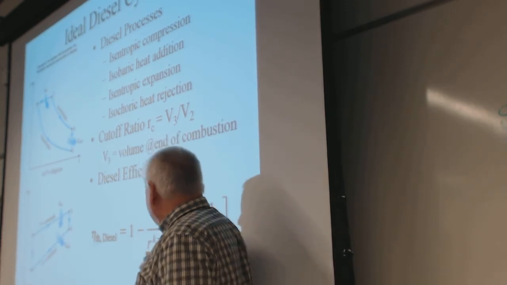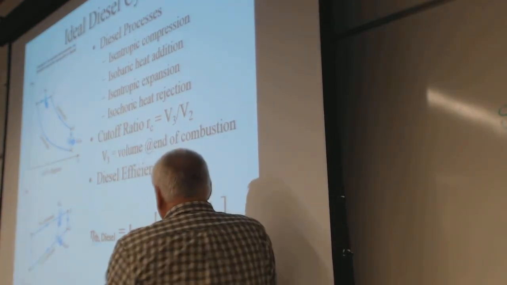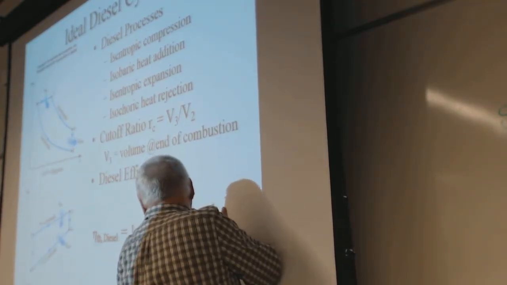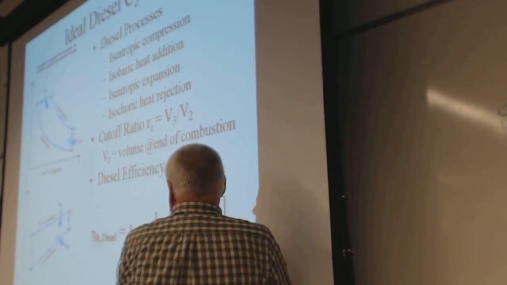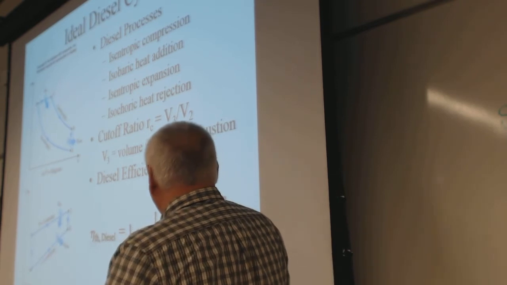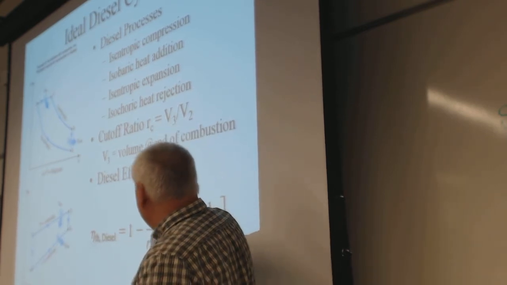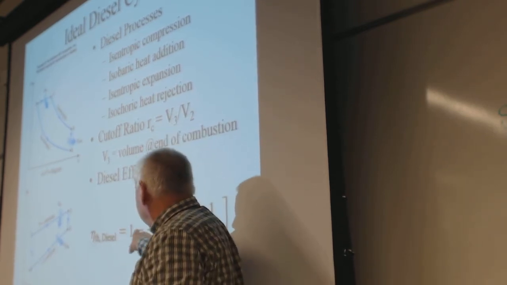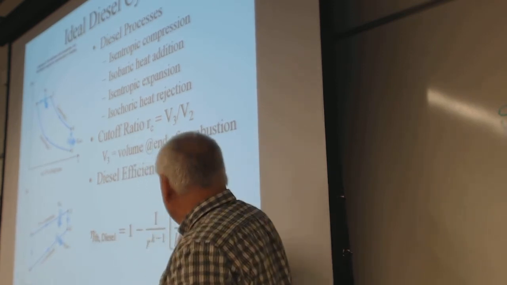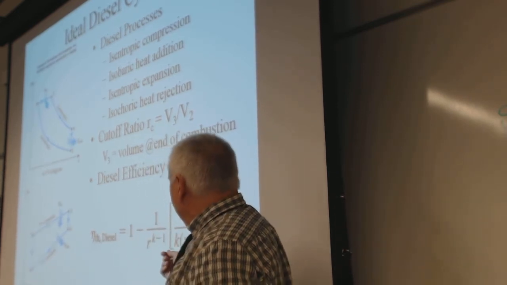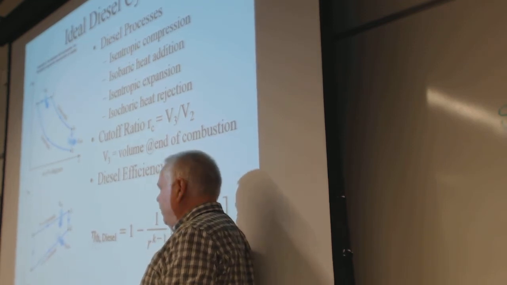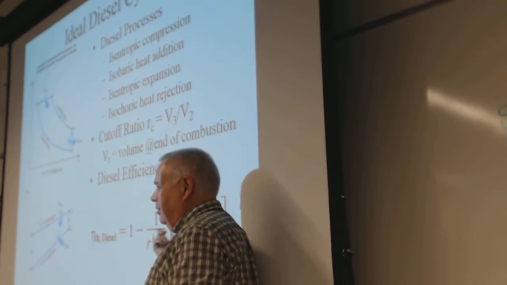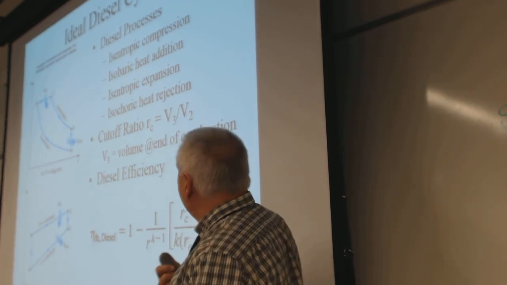Same here. The diesel, that's the Otto cycle, and now this is all modifying that. In theory, this makes it less efficient than the Otto cycle. This makes this term get bigger, which makes the efficiency smaller. But in reality, this number can be so much bigger that this modifier doesn't matter, it still comes out better.